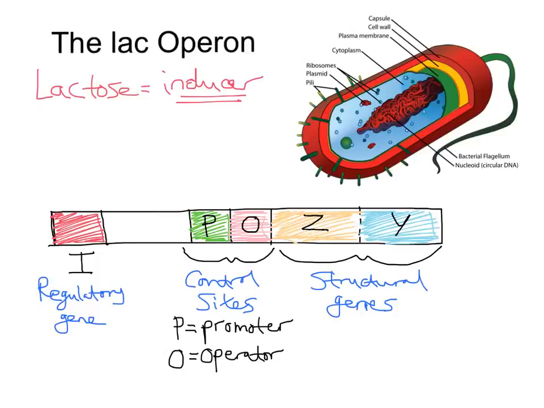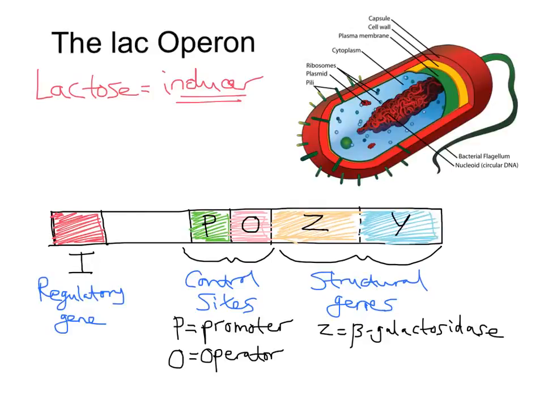So one of them, Z in fact, is the gene that codes for beta-galactosidase. And if you remember, this was the enzyme that breaks down lactose.